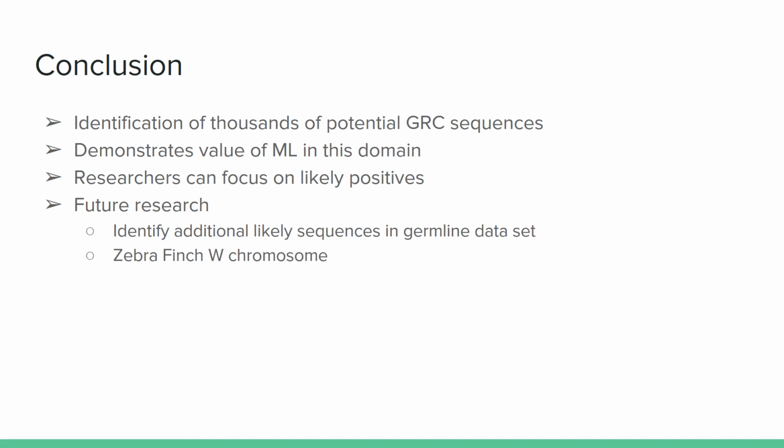And this research could also be applied to other similar chromosomes. For example, the zebra finch has another maternally passed chromosome, the W chromosome. That would be another good candidate for this.